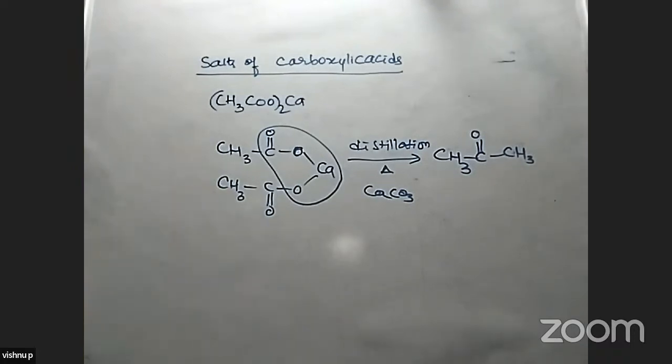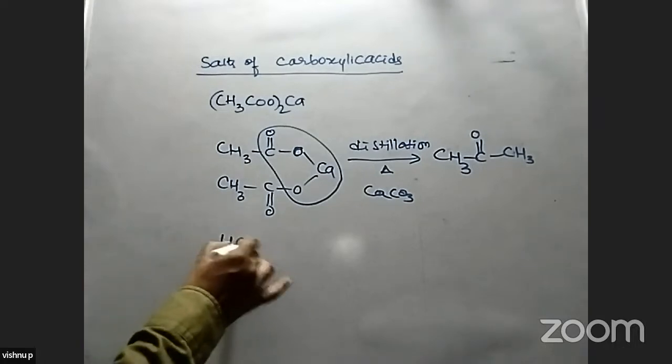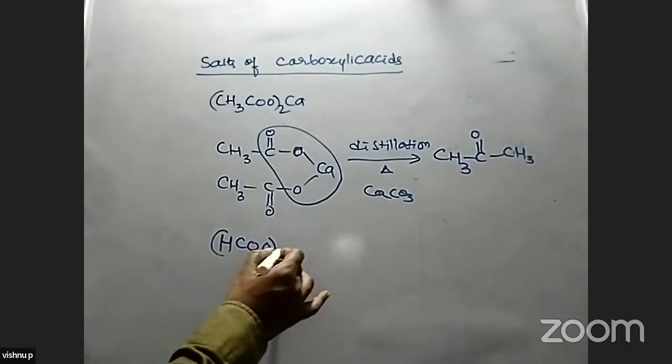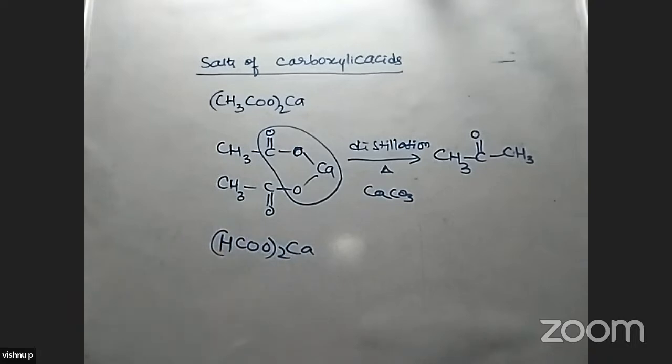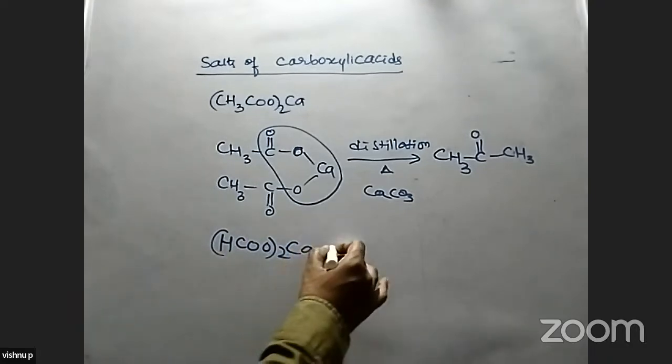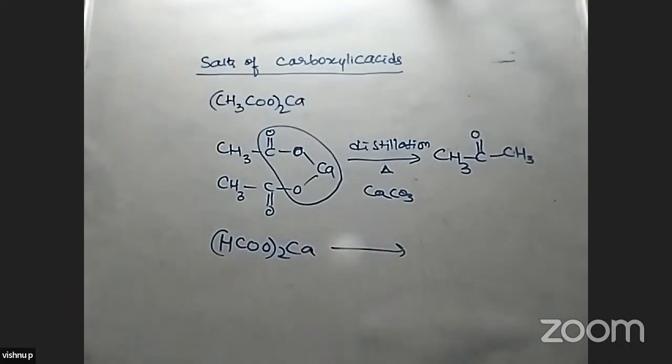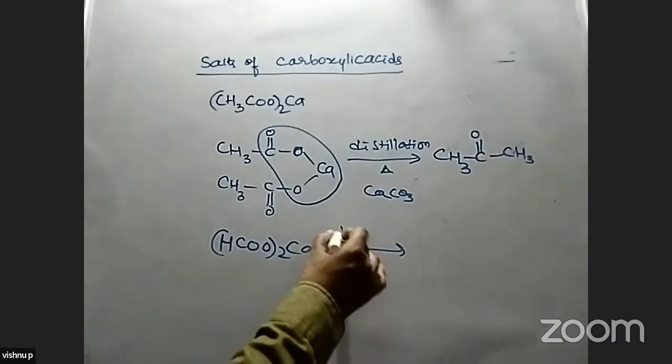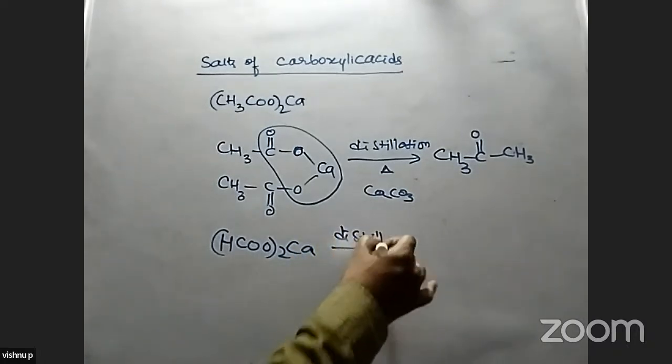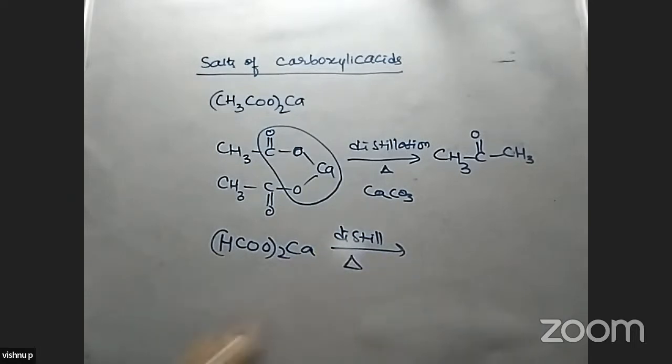So with the help of this reaction, try to solve this example. What type of compound is formed? Calcium formate. This is called calcium formate or methanoate. In the distillation process, when it is heated, find out what type of compound is formed in this reaction.